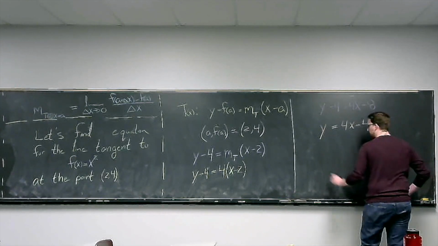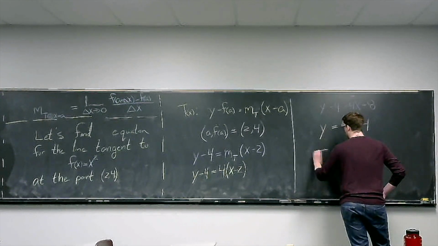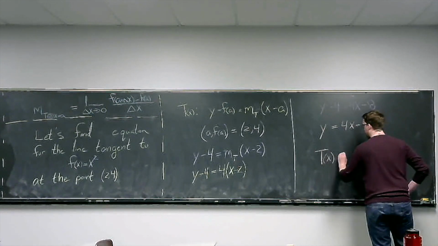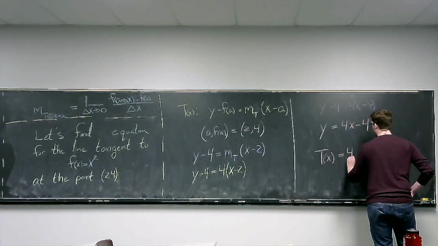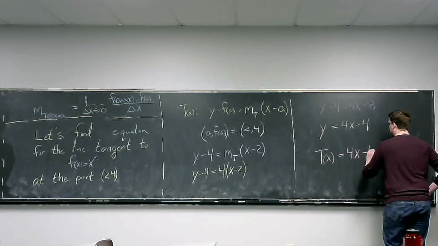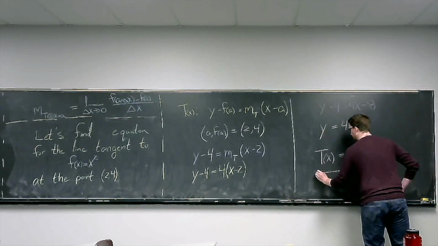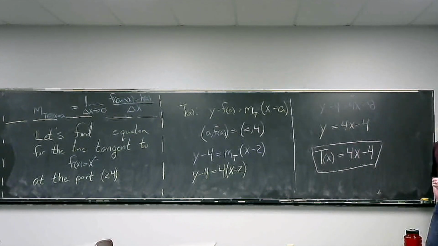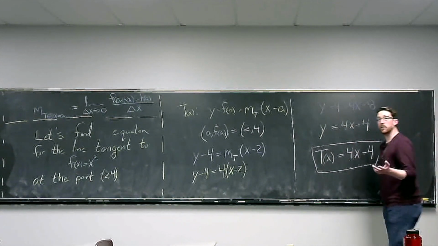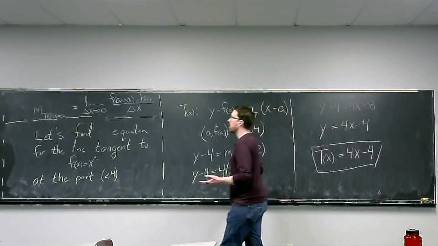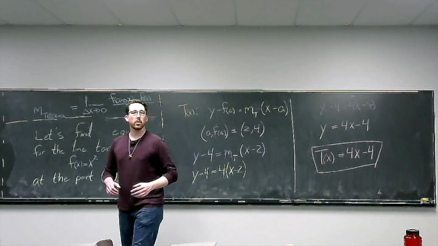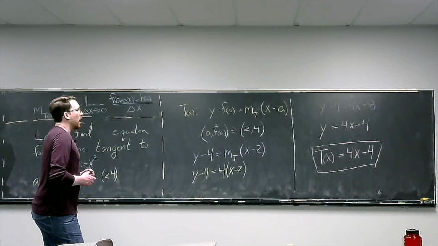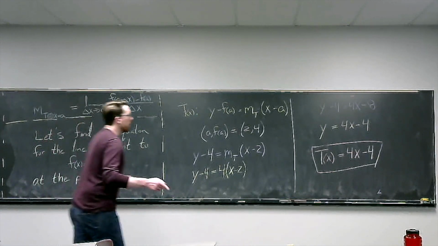In other words, t of x, the equation for our tangent line, is equal to 4x minus 4. And that's it. That's all there really is to finding these tangent lines, using the limit definition. Having said that, let's keep carrying on.